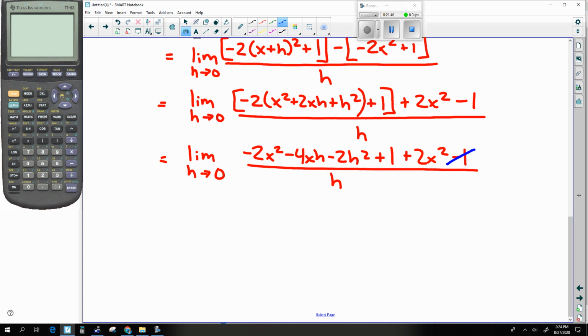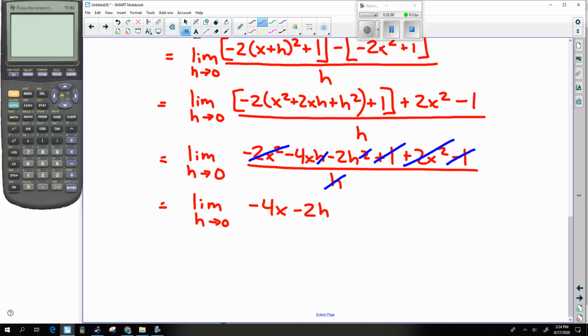So negative 1, positive 1. Positive 2x squared, negative 2x squared. Everything else has an h in it. So h, h, h. So that leaves us with the limit as h goes to 0 of negative 4x minus 2h.